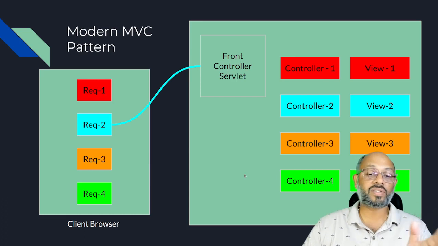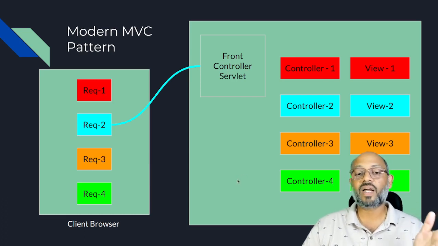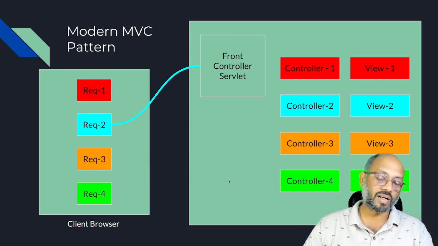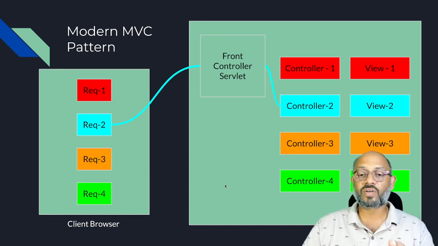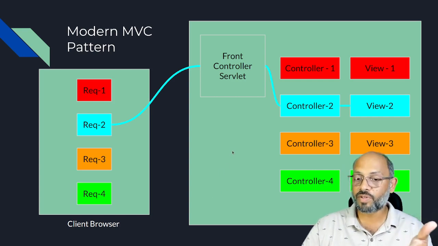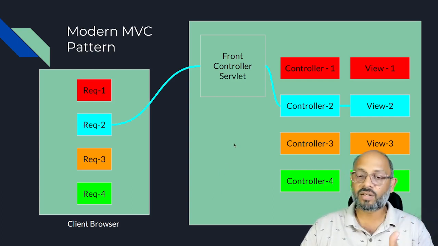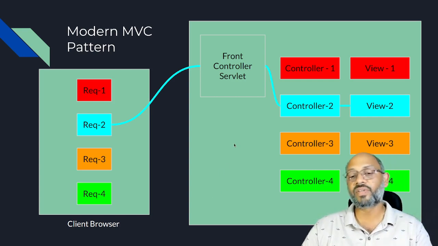Suppose another request is sent by the client. That request again goes to the front controller, the same servlet, and this time the front controller will identify another, different, appropriate controller which can handle this request. Again, the controller's job is to perform the business logic, interact with the database, retrieve data, and send that data to the view.